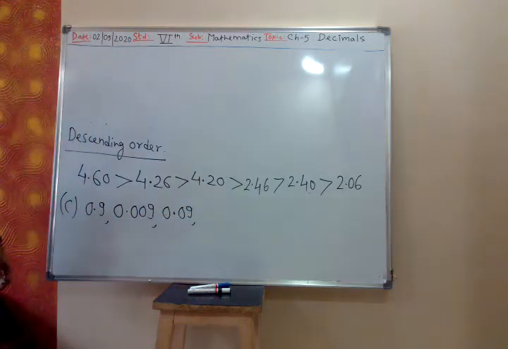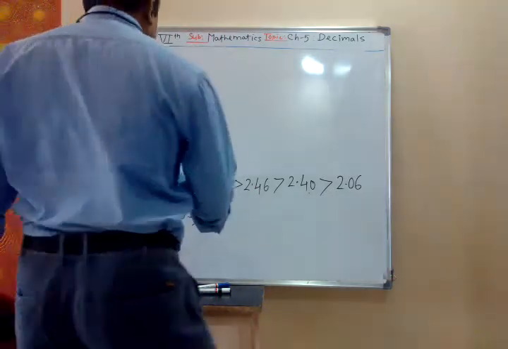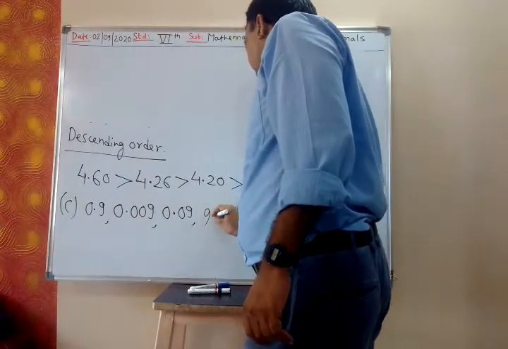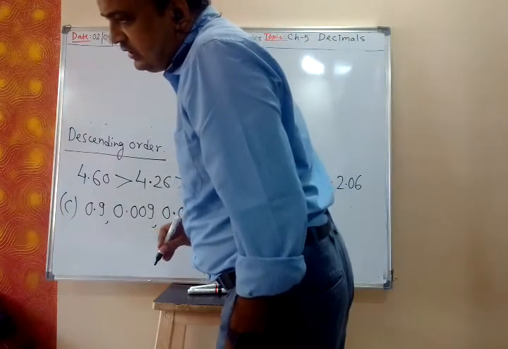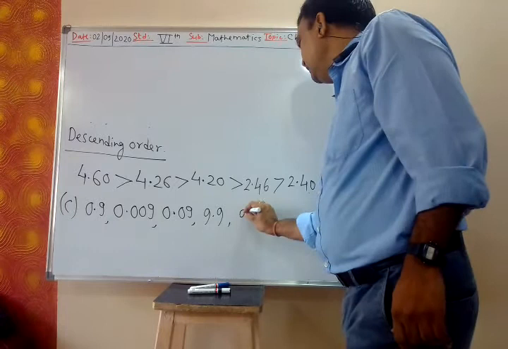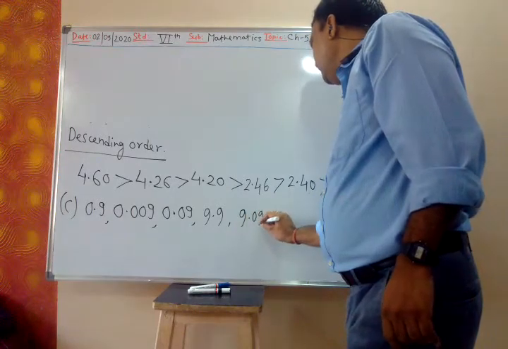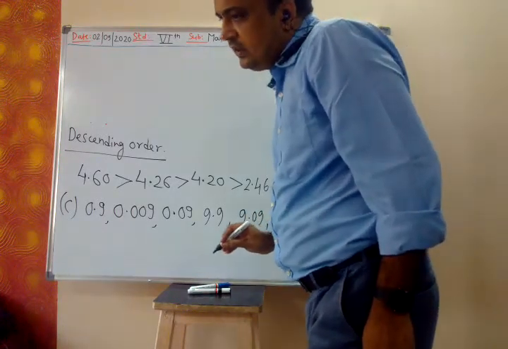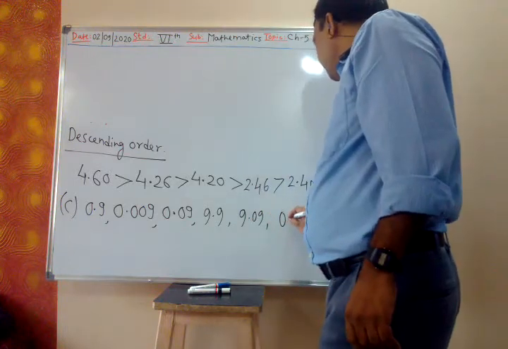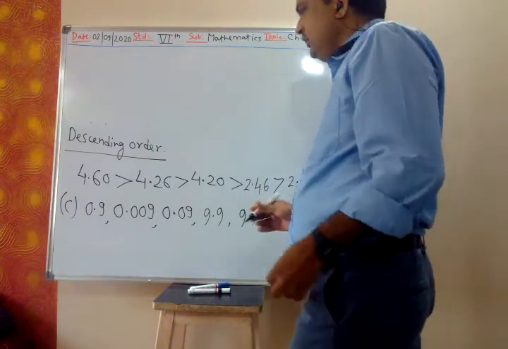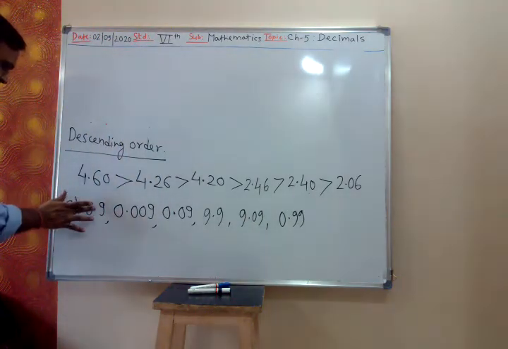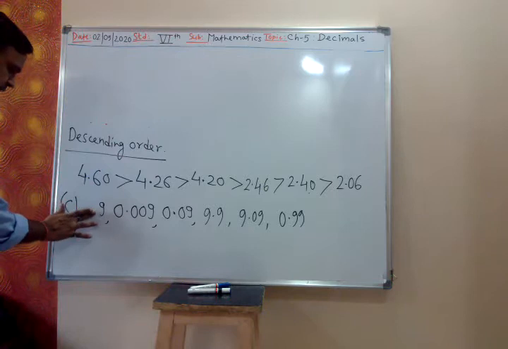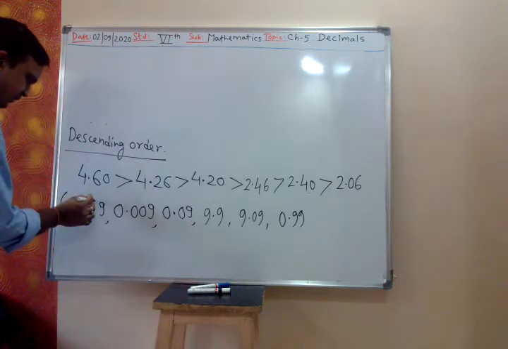See, I am doing 0.09. Then 9.9, then 9.09, then 0.99.